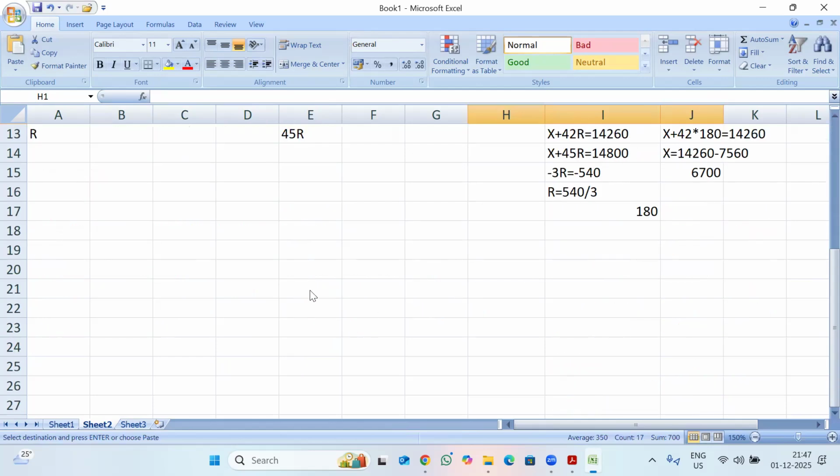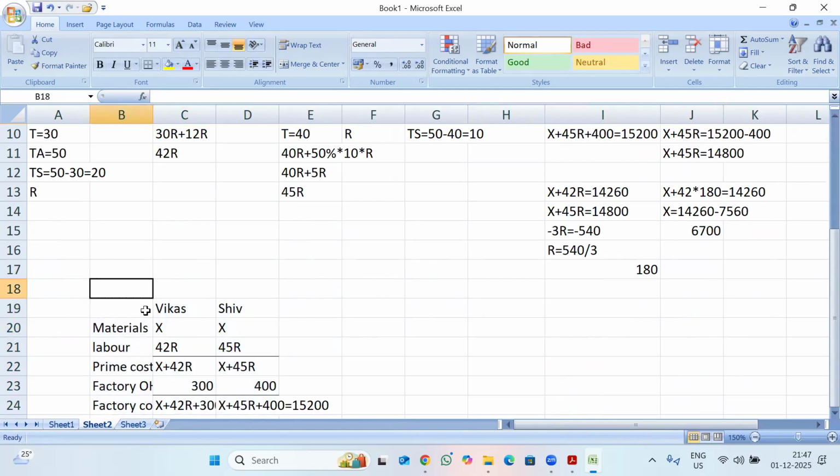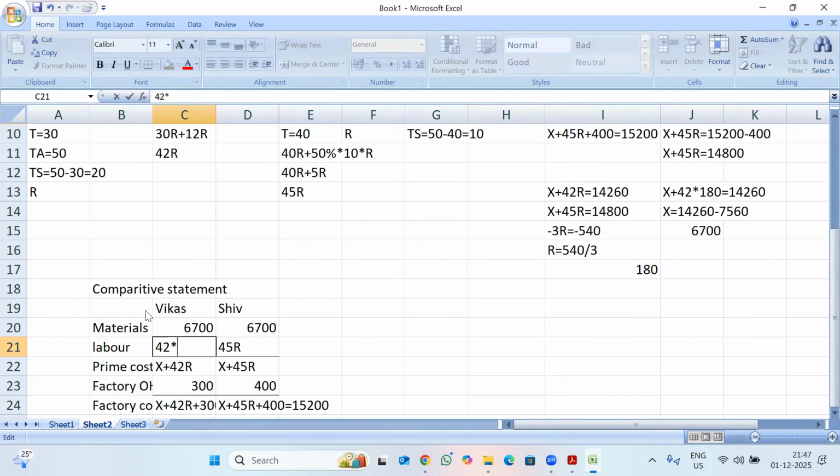So I have calculated X and R also. Now I am preparing the comparative statement. Materials is 6,700. Here labor I have used 42 hours, right? So 42 into 180, 7,560.